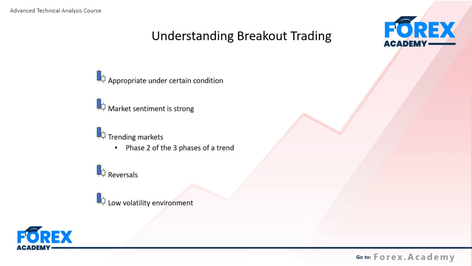Volatility tends to increase when markets move in a more sideways manner, because you are seeing greater swings within a defined range over a period of time. Whereas with a trend, pullbacks are generally relatively shallow, and the market is moving in one direction or the other, either up or down. So low volatility is another criterion for breakout trading.